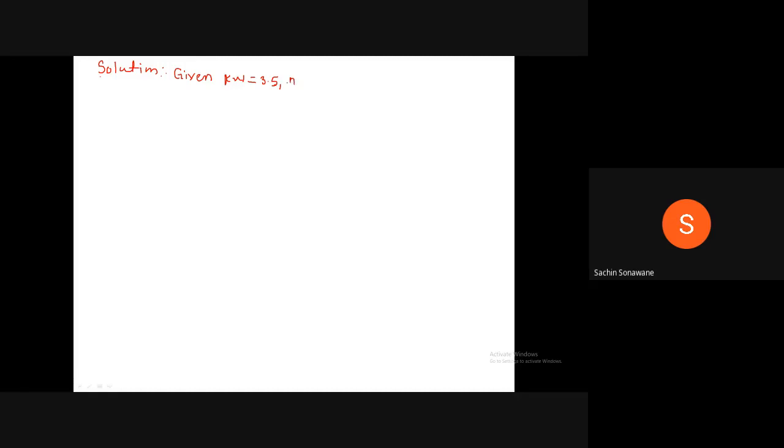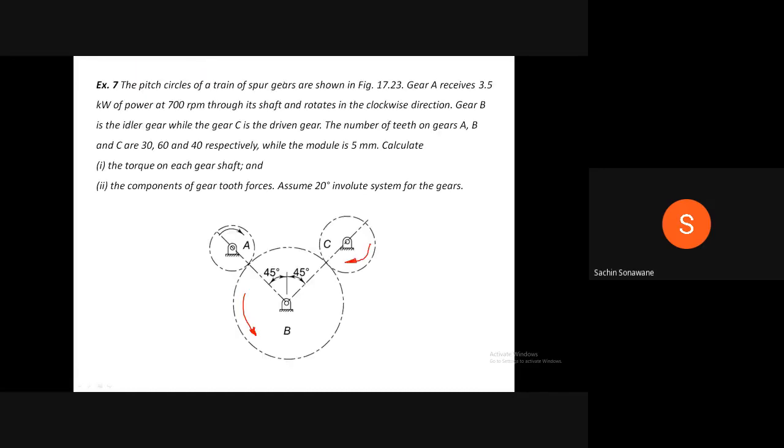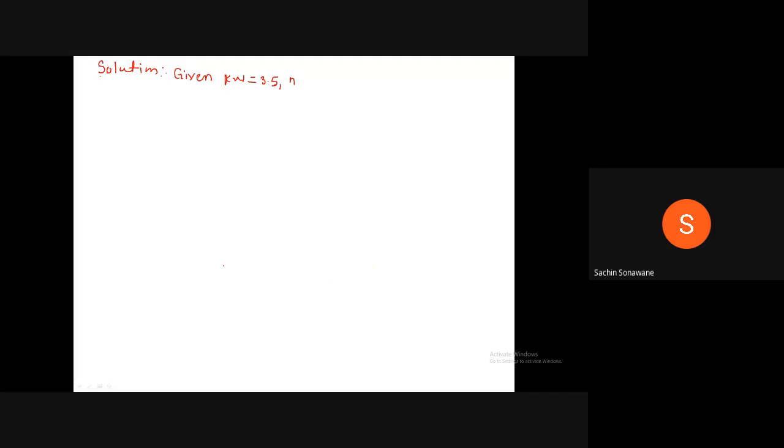Speed of the motor means speed of the gear A, because gear A is connected to the motor shaft. See that gear A receives 3.5 kilowatt at 700 rpm. Since motor rotates at 700 rpm, gear A will also rotate at 700 rpm.